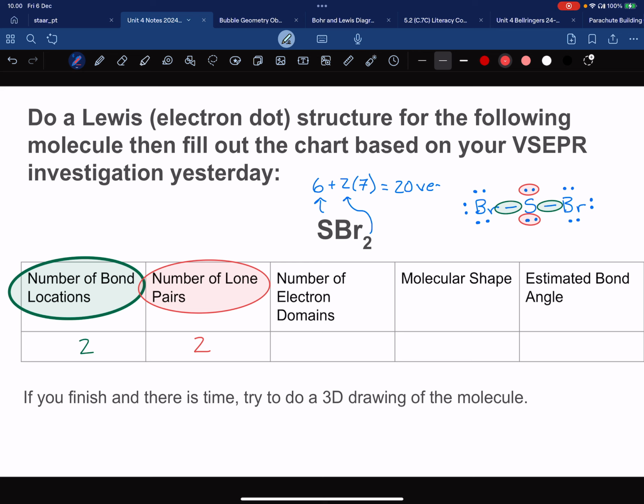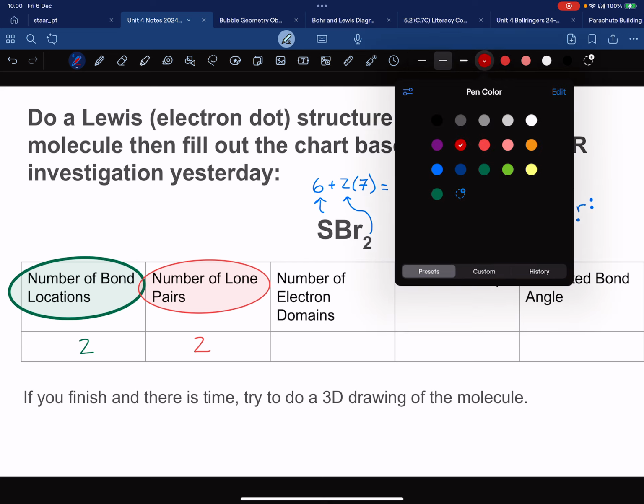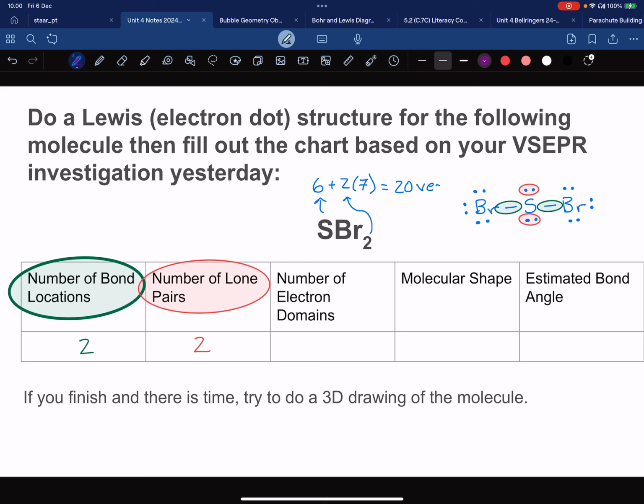Electron domains is going to be the number of bond locations plus the number of lone pairs for electron domains. Now, another way of thinking about that is just simply how many things are hanging off of the central atom.